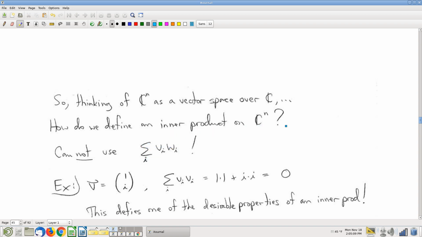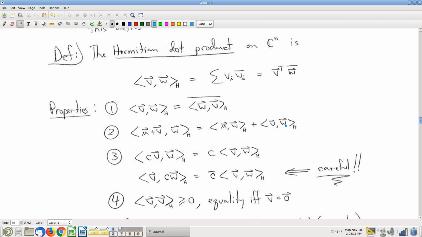Okay. So, here's the answer. Here is the formula that, this is going to sound silly to say, behaves most like the dot product, even though it doesn't look like the same formula. And it's an odd little formula, I'll grant you that. But here it is. It's called the Hermitian dot product on Cn. We write it like this with the little triangular braces. You'll notice that those triangular braces look a lot like inner product notation.